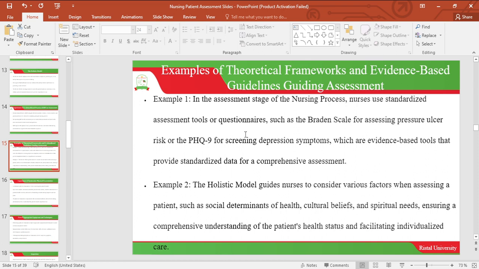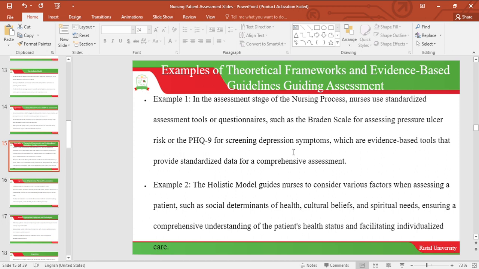This one is used for screening depression symptoms in patients, which are evidence-based tools that provide standardized data for a comprehensive assessment.